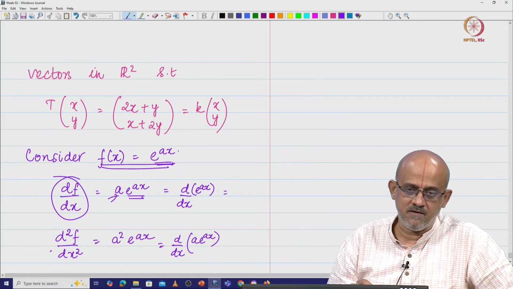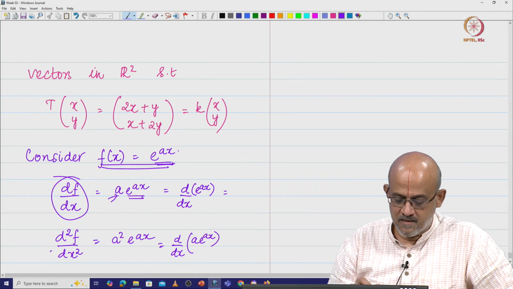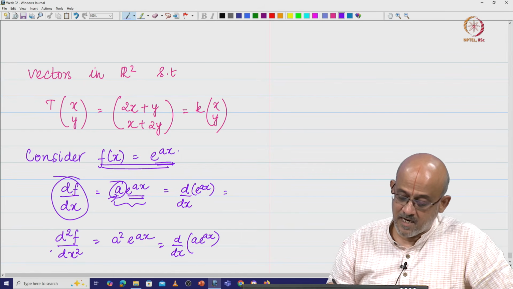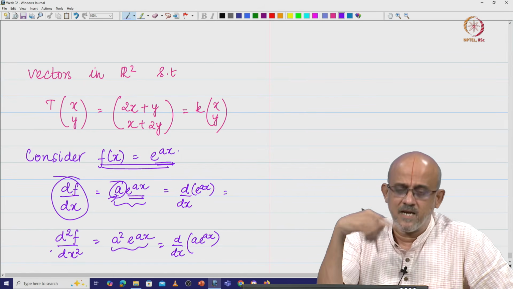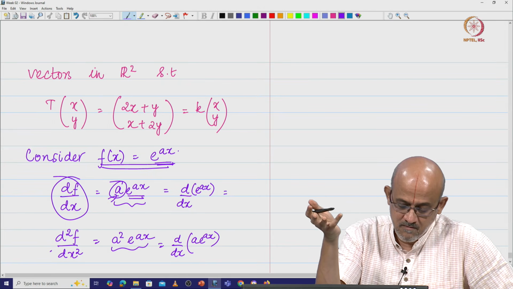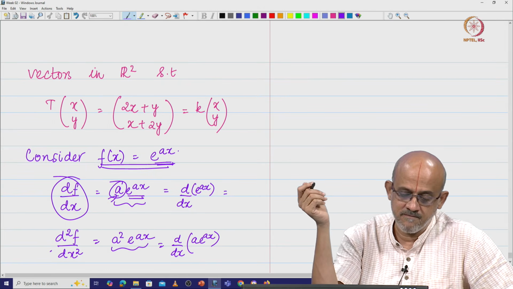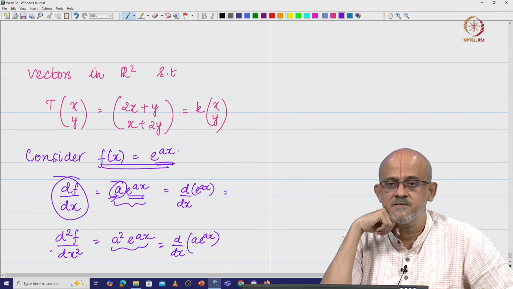You took the derivative with respect to x, and the output is nothing but a scaled version of the input. The second derivative is also a scaled version of the input. So, when you transform the function, nothing changes except for the scaling factor. I want to look at something like that in terms of vectors.